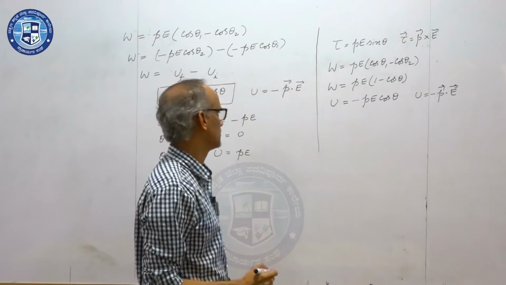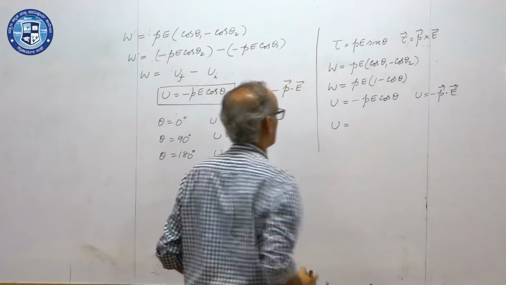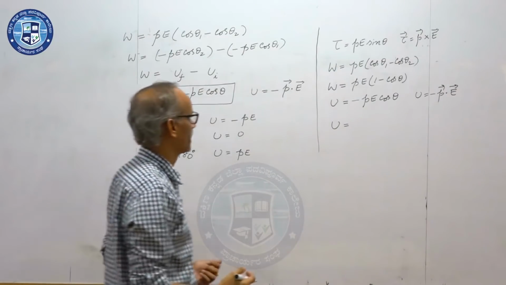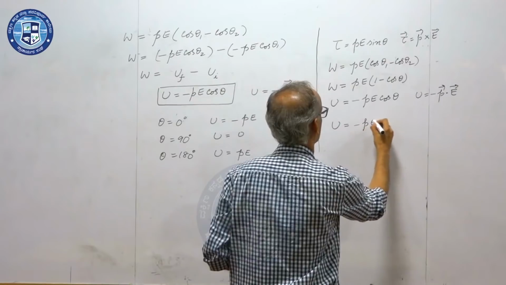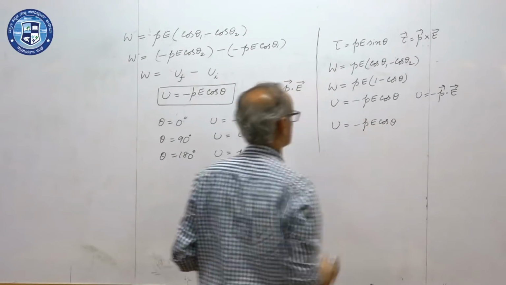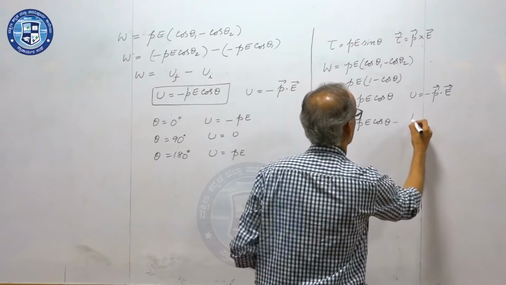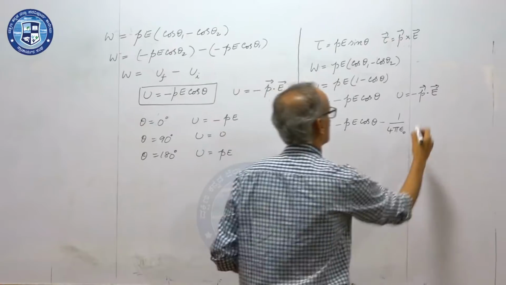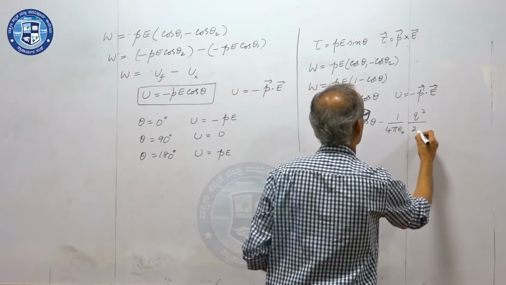And if you consider the energy stored in the two charges in the electric field, then the net energy is also given by minus Pe cos theta and then minus 1 by 4 pi epsilon naught q square by 2a.